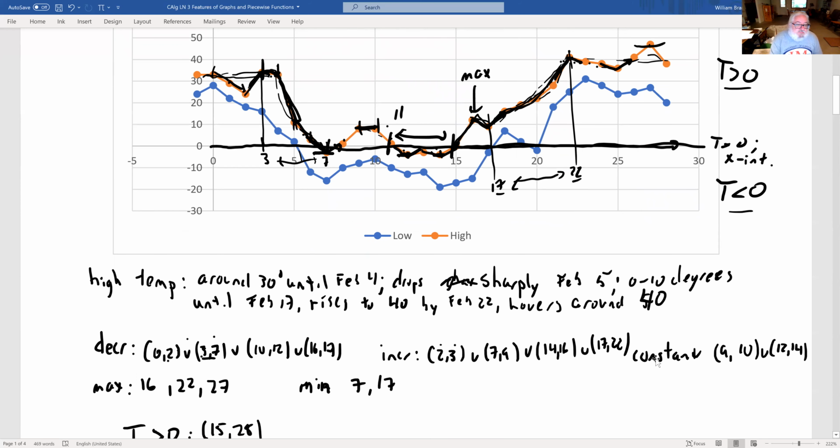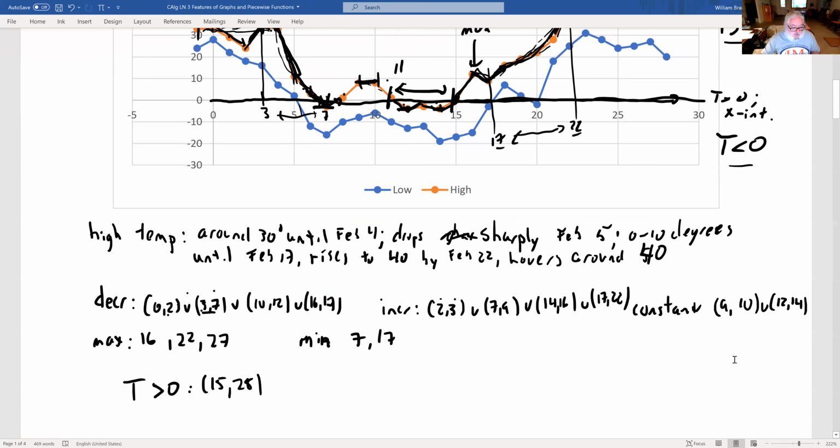And the temperature was always positive from the beginning, which was -1, all the way up to day 6.5, which is somewhere in the middle there. Right? And then it's positive again, I don't know, day 7.5 to day 11.